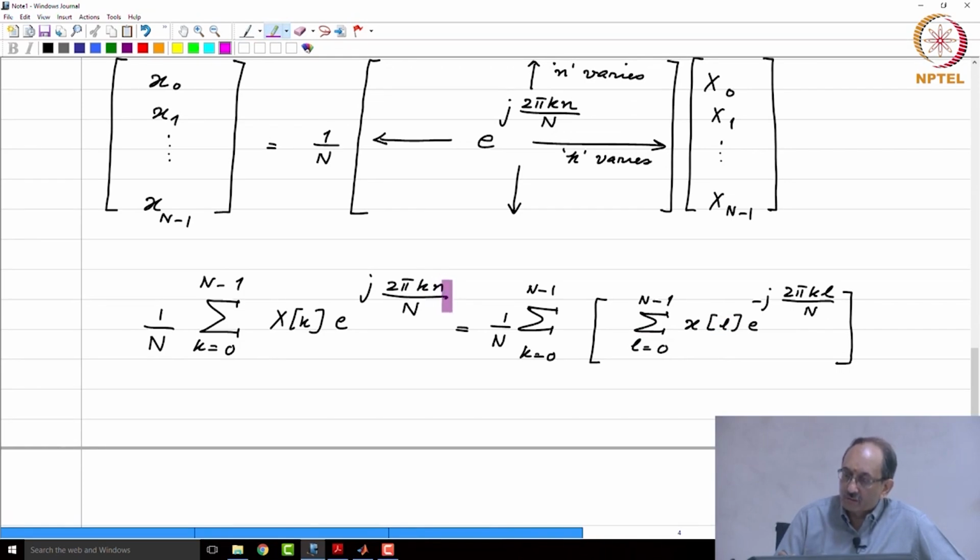You do not want to repeat that variable here because it will cause confusion, you will not get the right answer. This after all is a dummy index, that is why I am using L, and now I have e to the j 2 pi k n by cap N.